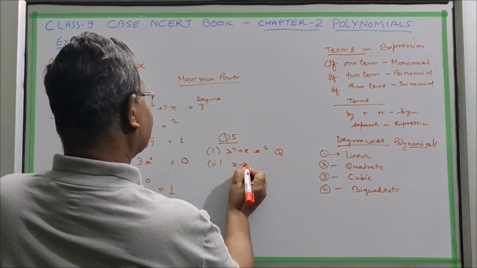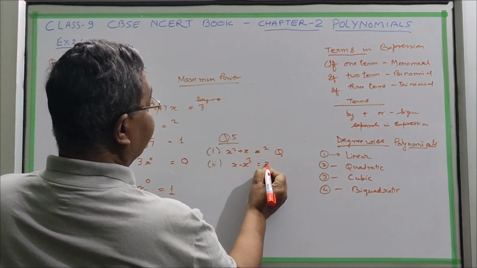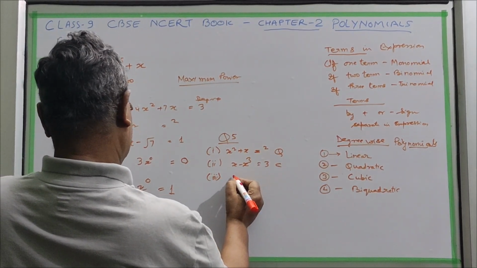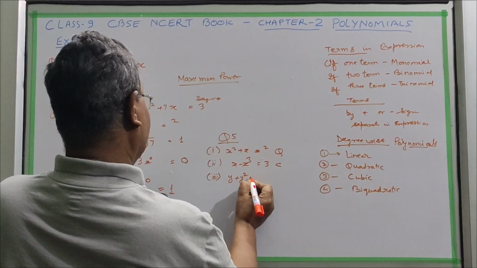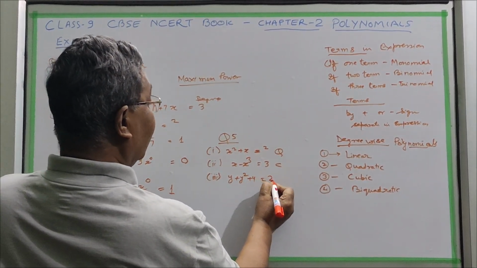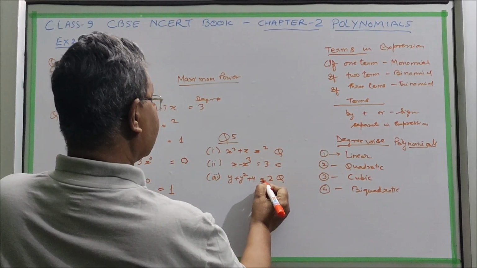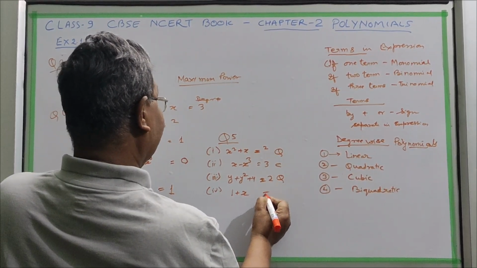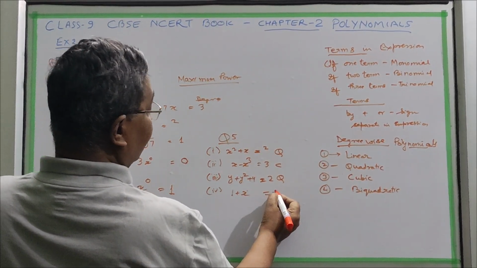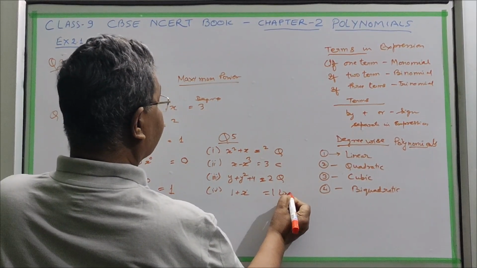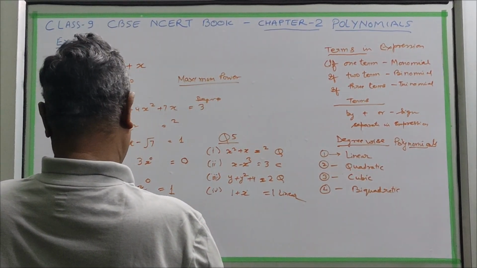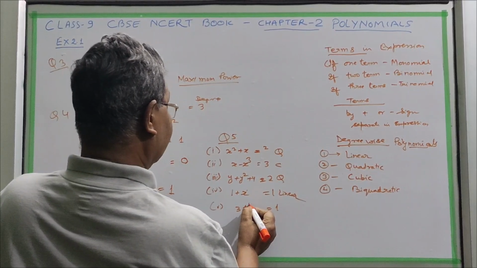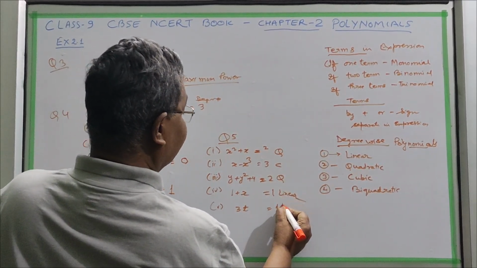Then x - x^3, here degree is 3, so it is cubic. y + y^2 + 4, here degree is 2, so it is quadratic. 1 + x, here the degree of x is 1, so it is linear. t, so it is also 1, linear.